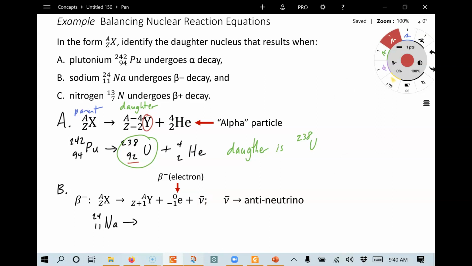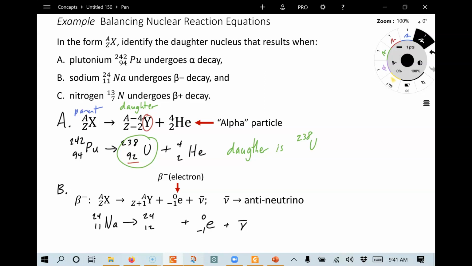In this case, we're going to figure out what the next one is. It's going to be the same mass number, 24. Z plus 1 becomes 12. We've got to look that up. And of course, we also get the electron, minus 1 charge, 0 nucleons, and the antineutrino. This bar on the top means that it is the antiparticle.